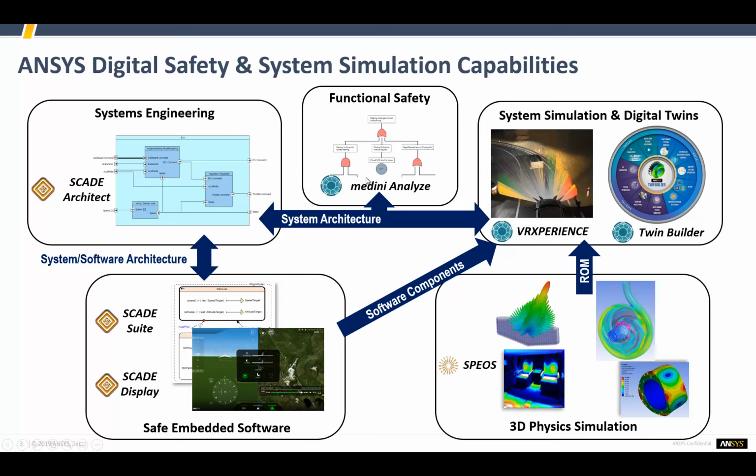We support system simulation and digital twin development, taking into account multi-physics simulation at system level in real time, and the detailed physics simulation is supported by a number of very specialized tools for domains like radar, waves, fluid, mechanical, and so forth. And the fifth, and the core for this presentation, will be our functional safety analysis solution called Medini Analyze.